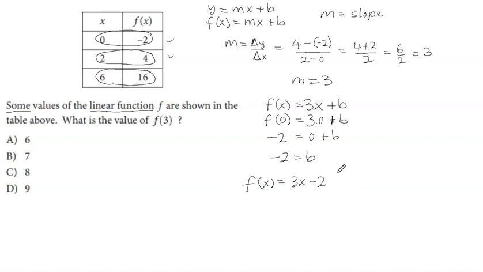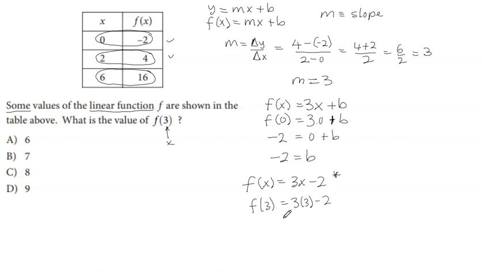Now that we have our function, it's easy to find what f of 3 is. To find f of 3, wherever we see x, we replace it with 3. So f of 3 is equal to, on the right hand side, wherever we see x, we put 3, minus 2.